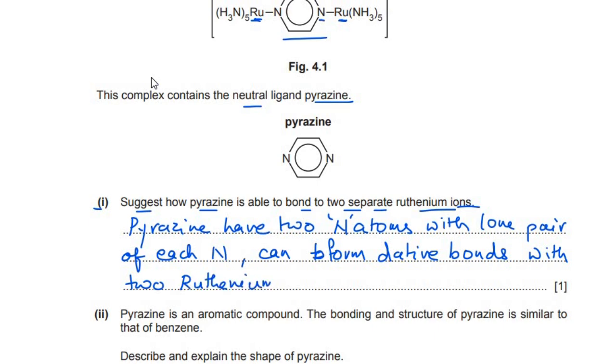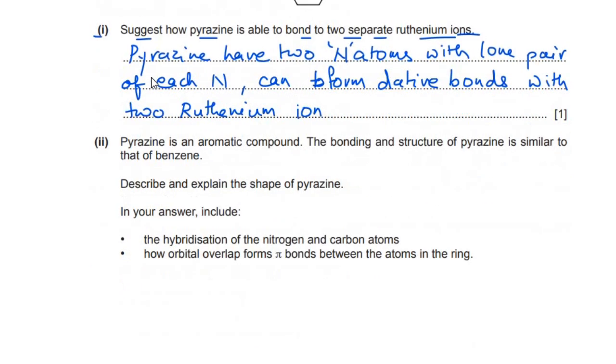So simple as that, it has got 2 nitrogen with lone pairs each, and both these nitrogen can donate one of the lone pairs to the ruthenium ion, forming the dative bond, and so 2 ruthenium ions are bonded to it.